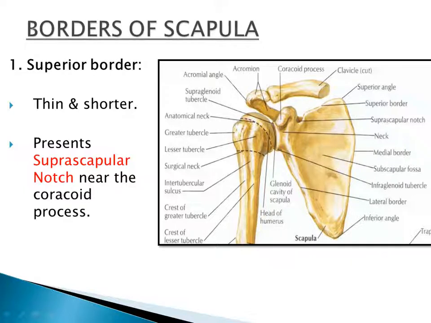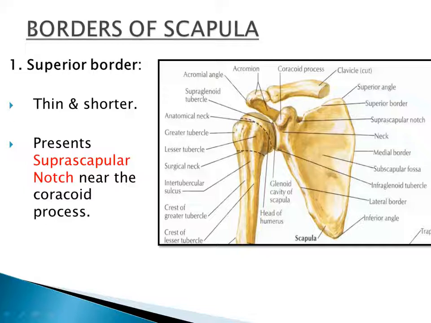The scapula has three borders. It has a superior border, a medial border and a lateral border. When you look at the superior border, it is thin and short.